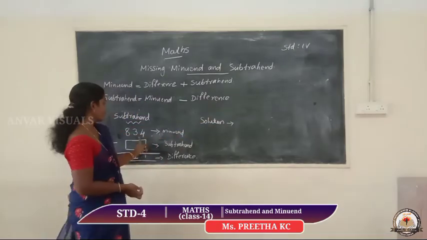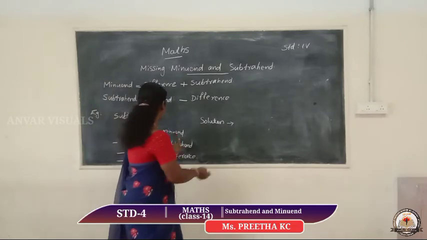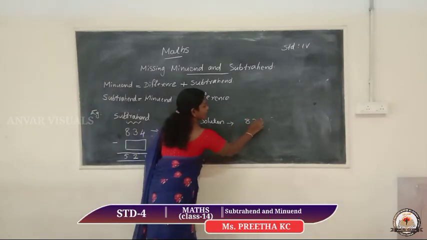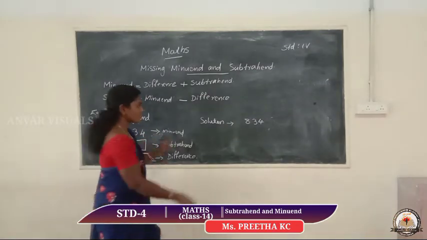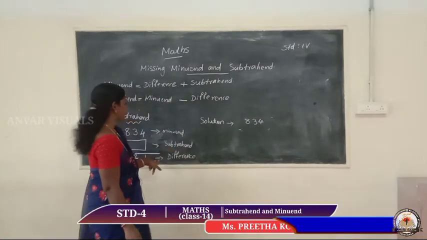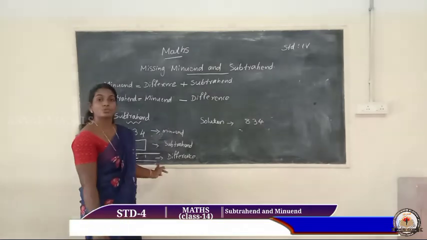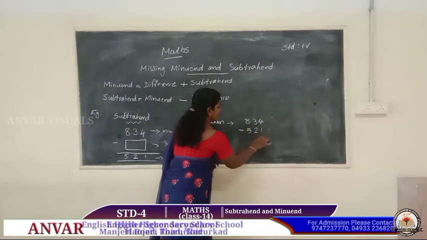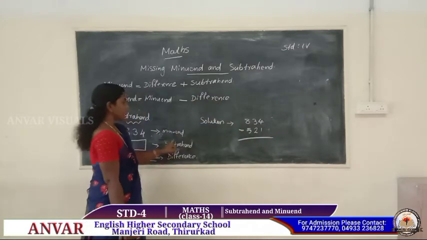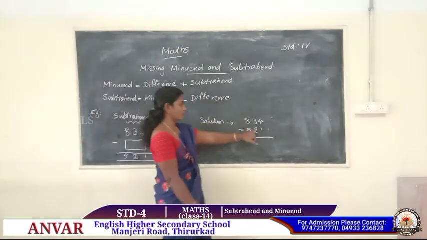The minuend here is 834, and we need to subtract the difference, 521, from it.